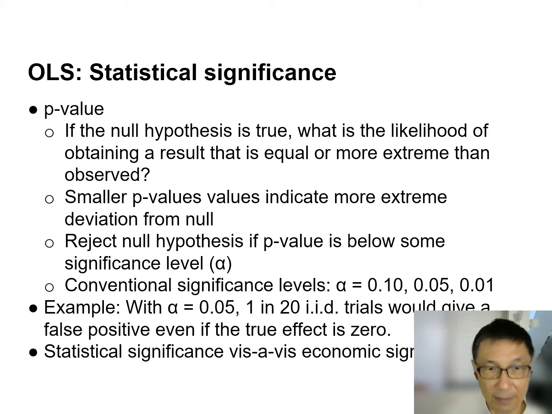A way to think about the conventional significance level, say alpha of 5%, is that in 1 out of 20 IID, that is independently and identically distributed trials, we would get a false positive. We would reject the null hypothesis even if the true effect is 0.